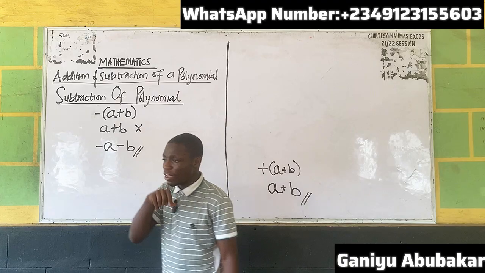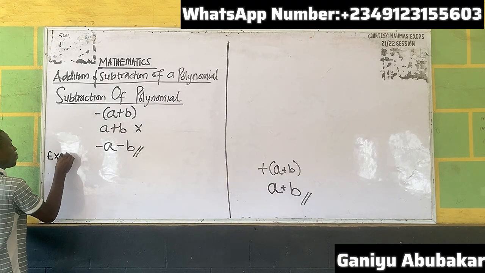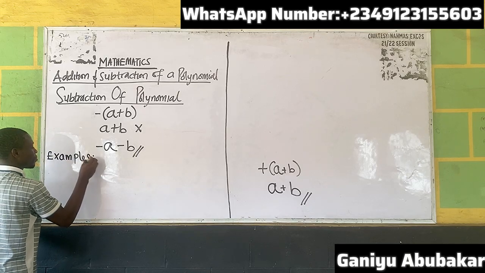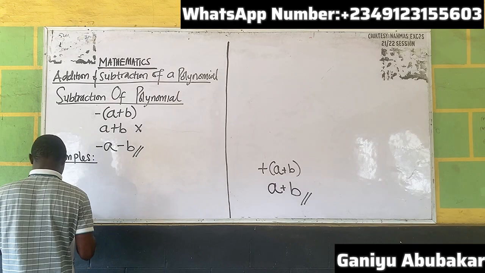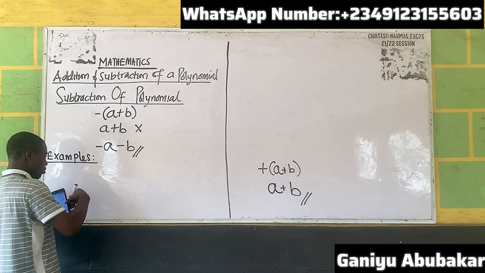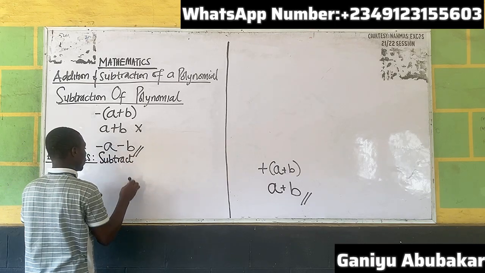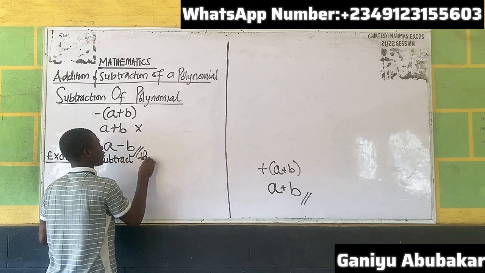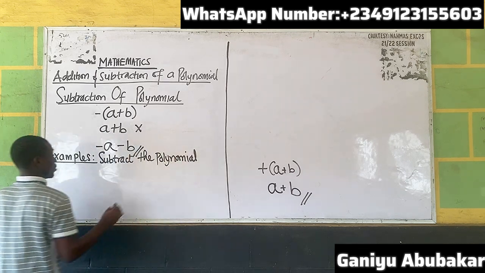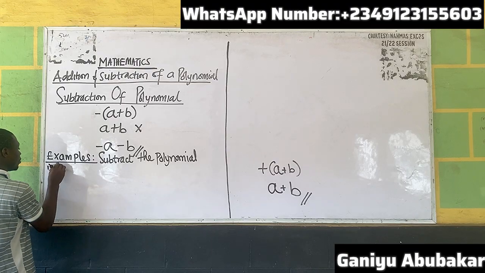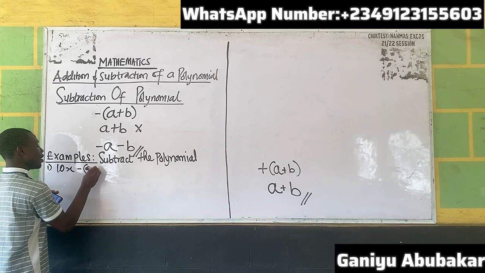Always be watchful, please. Let's first look at examples on this. Alright, let me write out the questions and then from there we'll solve together. It says subtract the following polynomials. Number 1, I have 10x minus (3x minus 5).